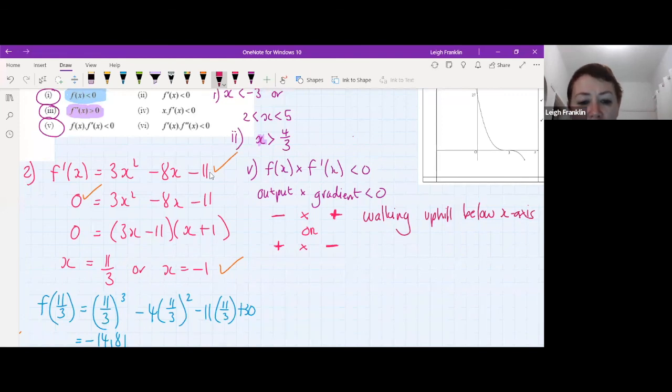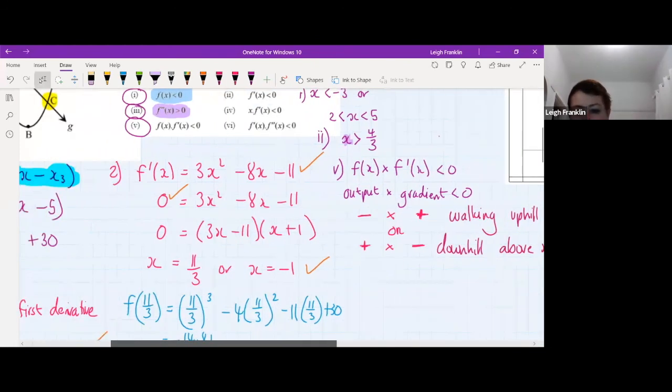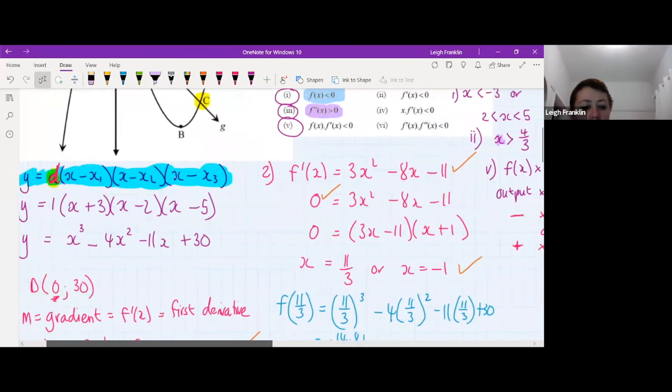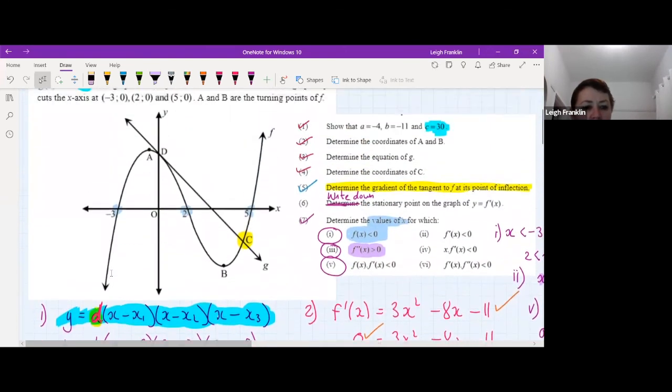And over here, we have to be walking downhill above the x-axis. So where are we walking uphill below the x-axis?